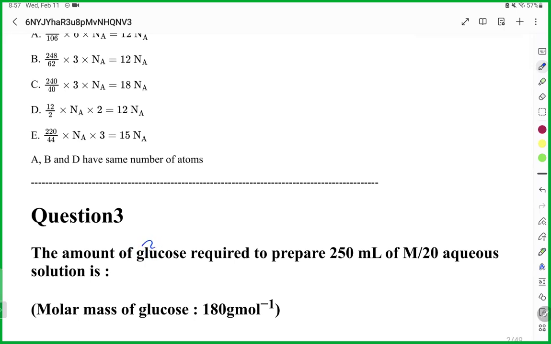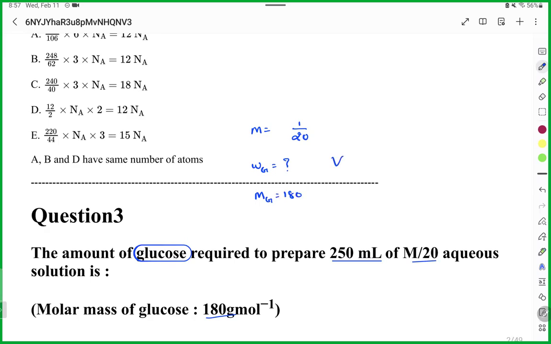Yeah. Next, guys. Amount of glucose required to prepare 250 ml of this aqueous solution, molar mass. In this case, molarity is 1 by 20. You have to calculate the amount of glucose. Glucose molar mass is 180.